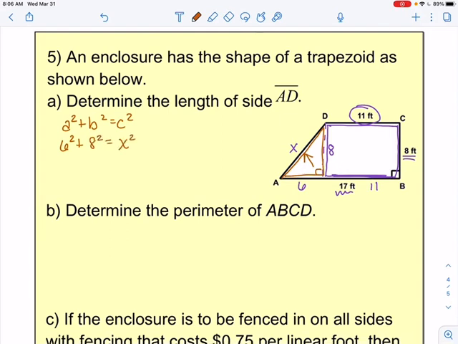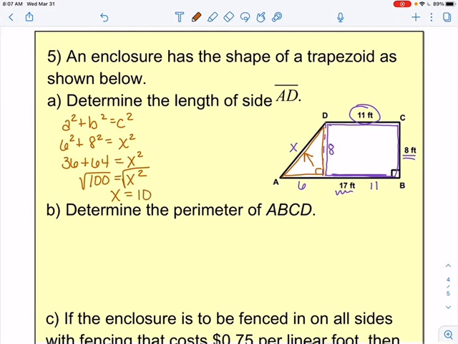So 6 squared plus 8 squared is going to equal x squared. 6 squared is 36. 8 squared is 64. So 36 plus 64 equals x squared. When I add those together, I have 100 equals x squared. The opposite of squaring something is to take the square root. The square root of x squared is just x, and the square root of 100 is 10. So that side is 10.